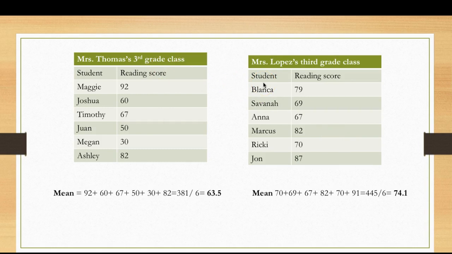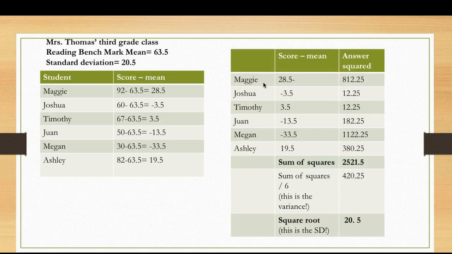So from here, let's go ahead and calculate the standard deviation of Mrs. Thomas's third grade class on their reading benchmark. To break this down, in the first step, I got each student's score and subtracted the mean from each student's score.